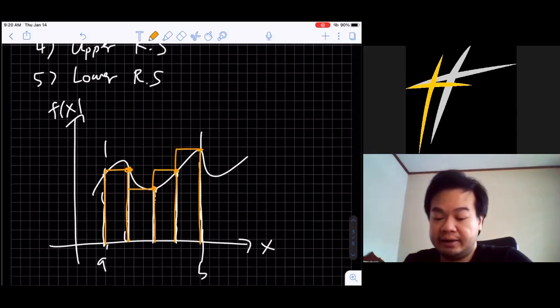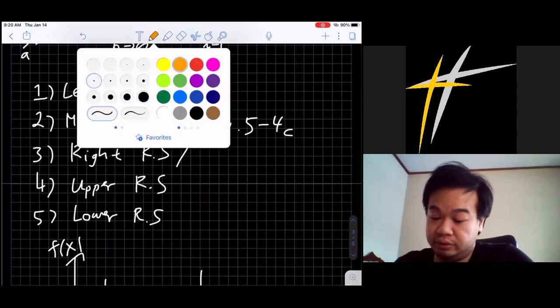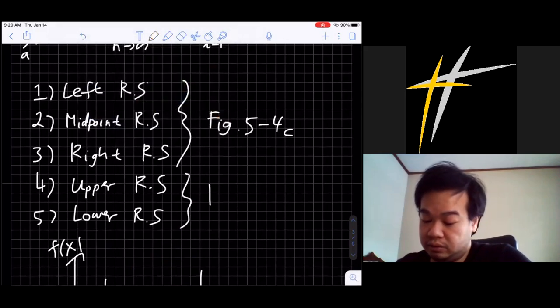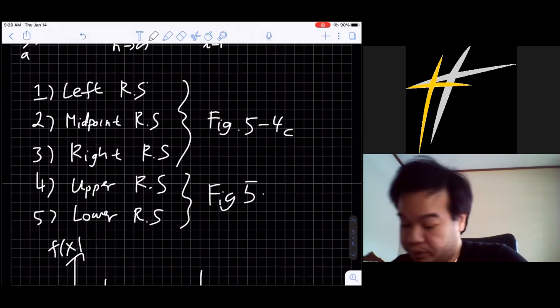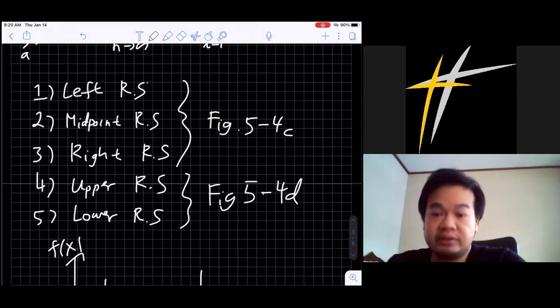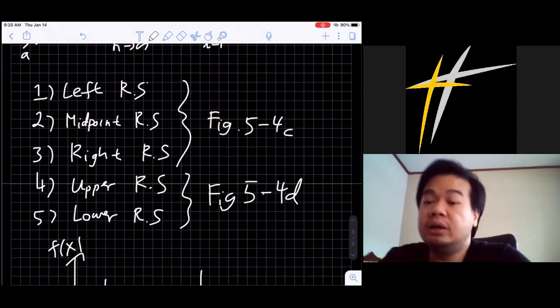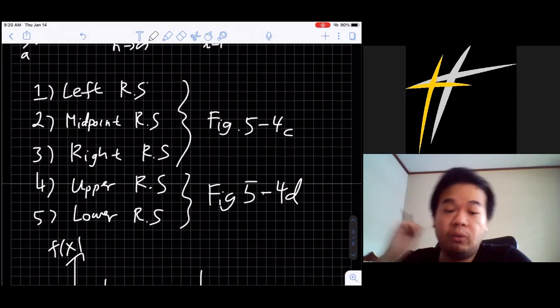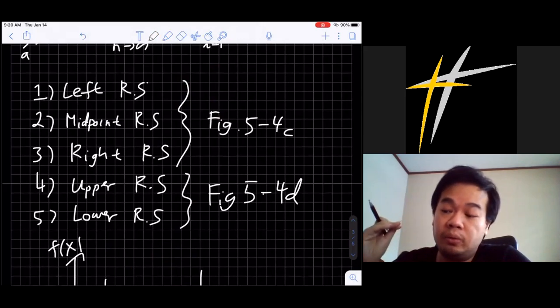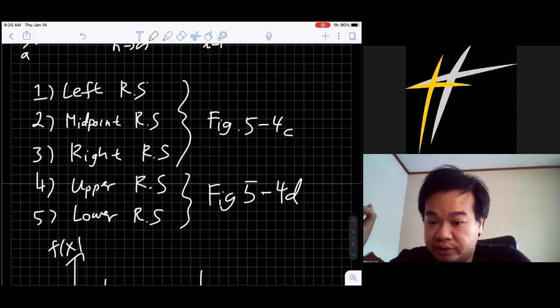And then for the upper and the lower Riemann sums, you can see on figure 5.4d. The sample point is taken not based on the position of the x, whether it's on the left or the right or on the midpoint, but it's based on the minimum height for lower, and the maximum height for upper.